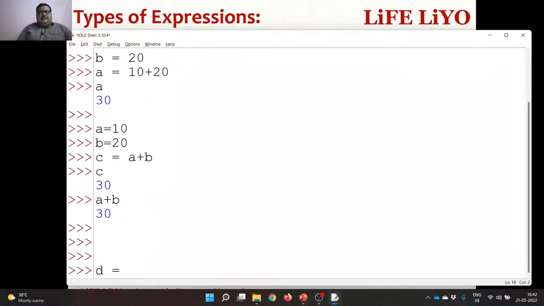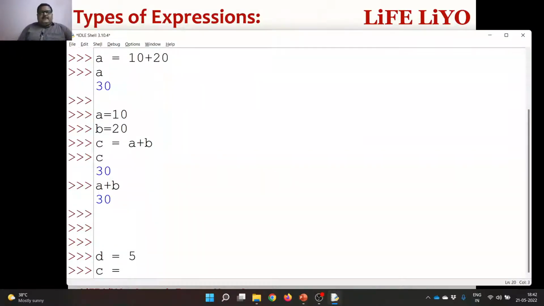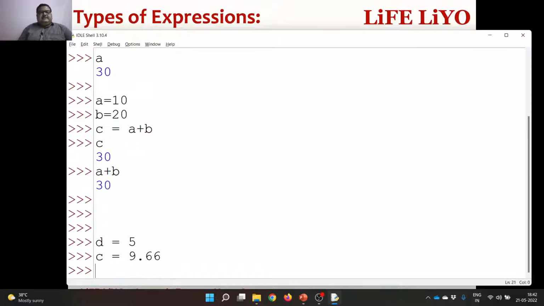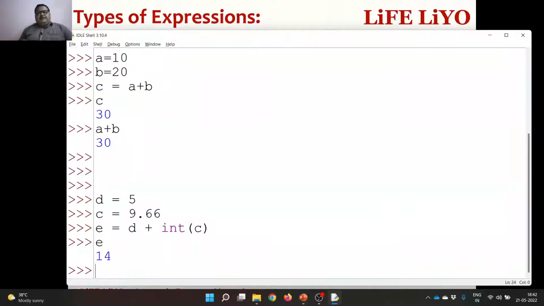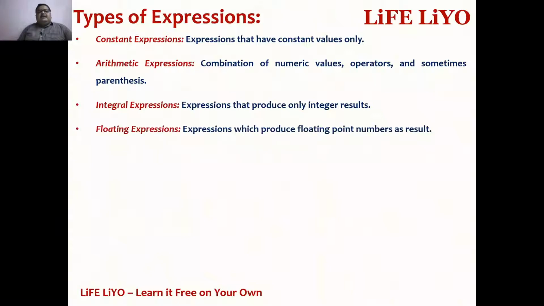I will take D equal to 5, C equal to 9.66, E equal to D plus int of C. Whenever you execute this, we get E as 14. Here we have taken C as a float value, but when you perform the addition using int typecasting, we get the answer as an integer value. These types of expressions are called integral expressions, where we expect the result only in integral values.